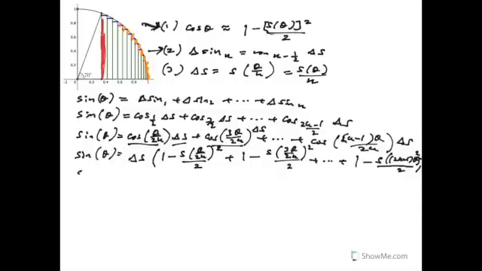Okay, it's looking pretty ugly, but it's going to simplify pretty nicely. You'll see why. So first of all, notice there's a lot of 1s, 1 plus 1 plus 1. There's n of them, so that's just going to add up to n.